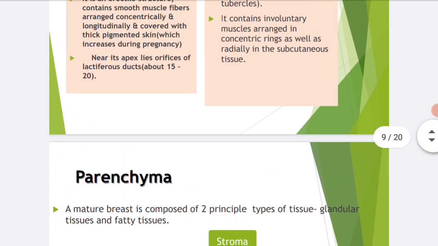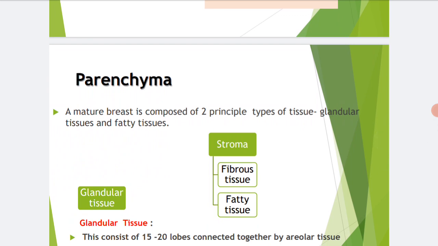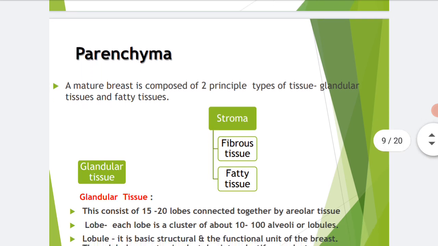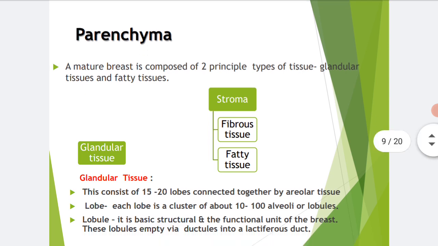After skin, the other structure is the parenchyma. A mature breast is composed of two principal types of tissue, glandular tissue and fatty tissue. The glandular tissue helps in milk formation and secretion, and the stroma is the fibrous tissue and fatty tissue.